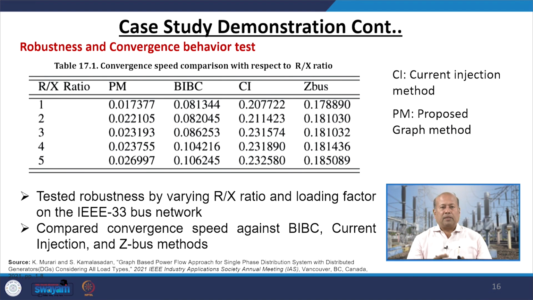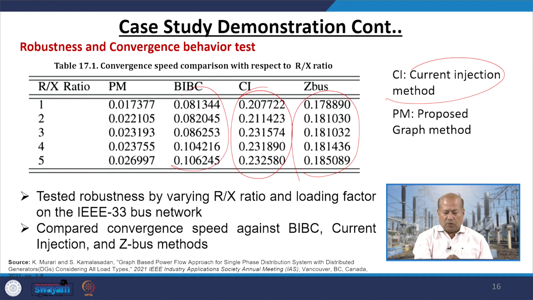And to test the robustness and convergence behavior, robustness was tested by varying the R by X ratio and loading factor on the IEEE 33 bus network, comparing convergence speed against the BIBC, current injection, and Z-bus methods. The current injection method is this one, the Z-bus method is this one, the BIBC approach is this one, and the proposed graph method is this one.